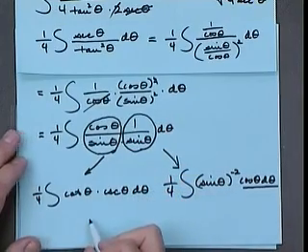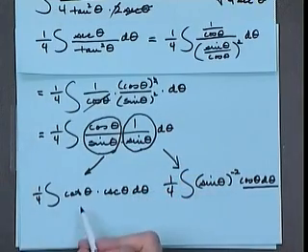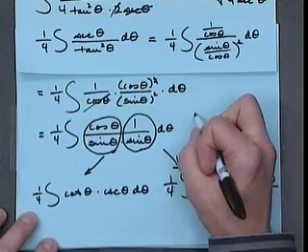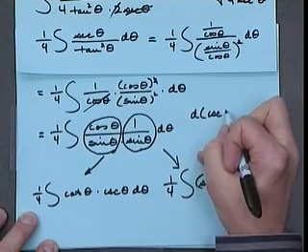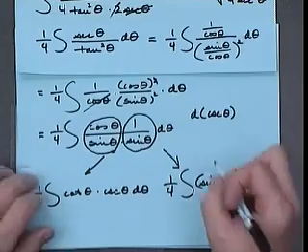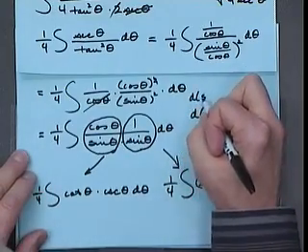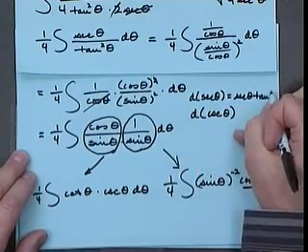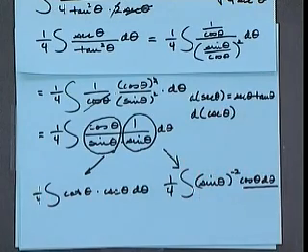We don't use this one a lot, but isn't cosecant cotangent the derivative of something? Yes. What's that the derivative of? Negative cosecant. Okay. So the derivative, let me write this up here, derivative of the cosecant. Let me go back another step. The derivative of secant is what? Secant tangent. We probably use that more than this one, right? Don't these work in pairs? Yes.